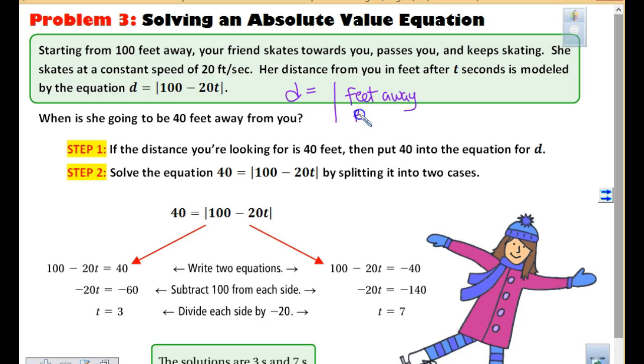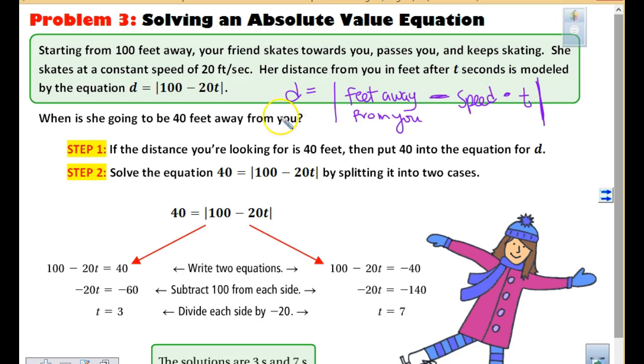Feet away from you, and then it's always going to be minus the speed times t inside the absolute value. So, how many feet away from you that person starts off, minus how fast they're going times t.